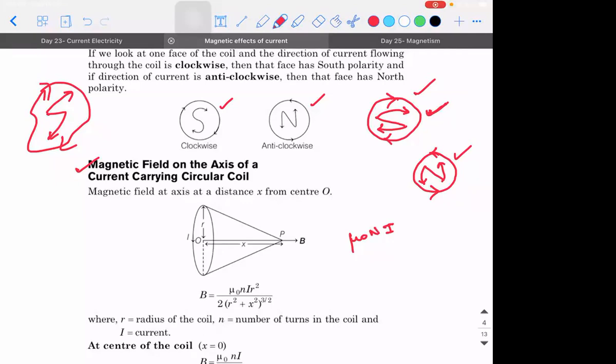Mu naught N I a square divided by 2 into (a square plus x square) the whole power 3 by 2, where capital N is the number of turns, I is the current, a is the radius, and x is the distance from the center to the point on the axis where you're trying to calculate the magnetic field. And this is also an important formula.